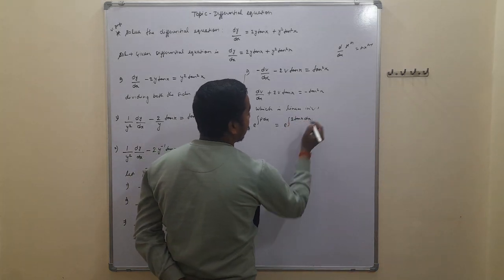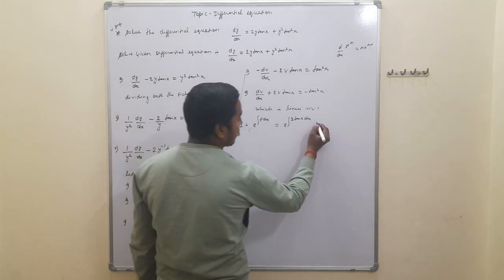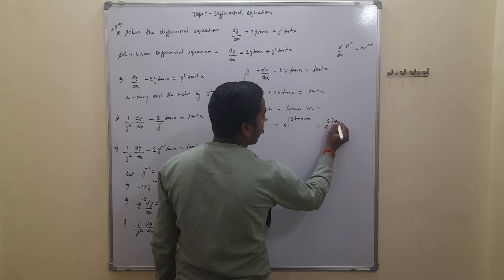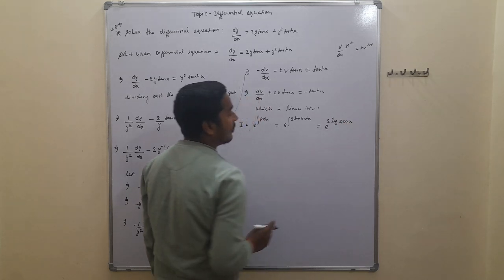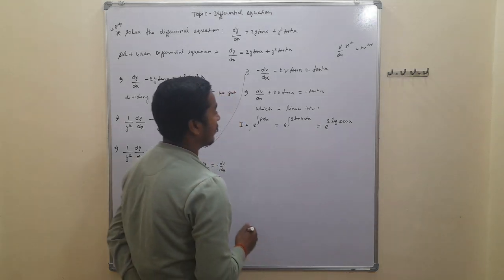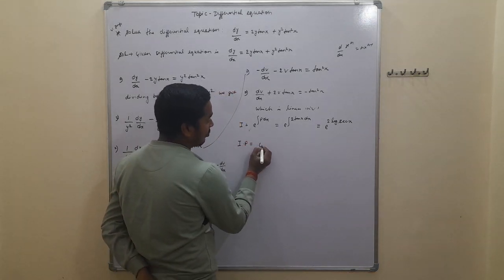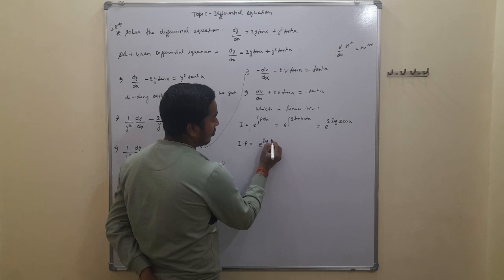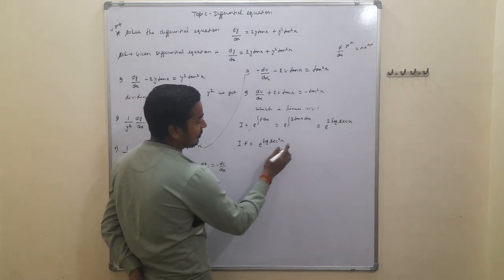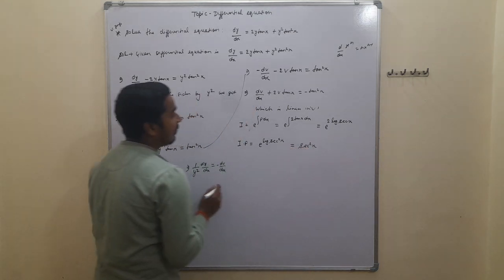The integration of tan x dx is log sec x, so this is 2 log sec x, and by the property of logs, log sec² x. So the integrating factor is e^(log sec² x) = sec² x.